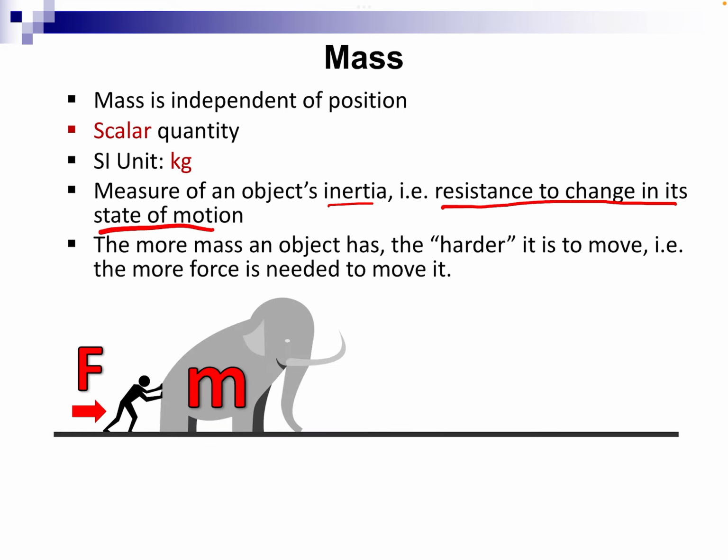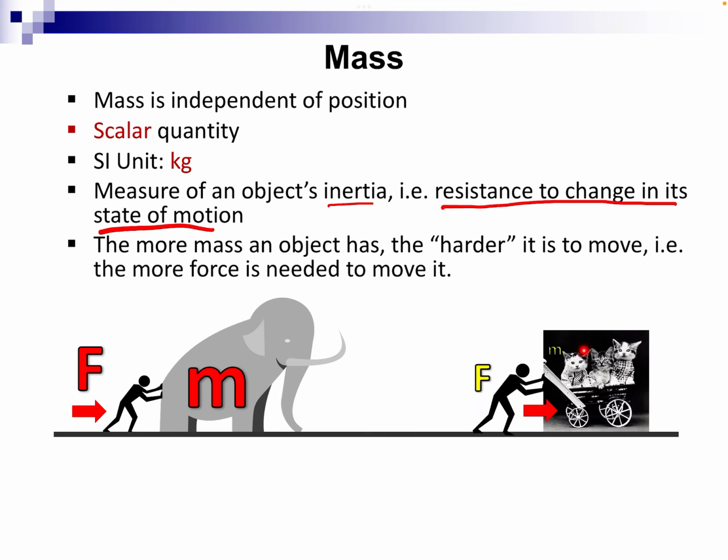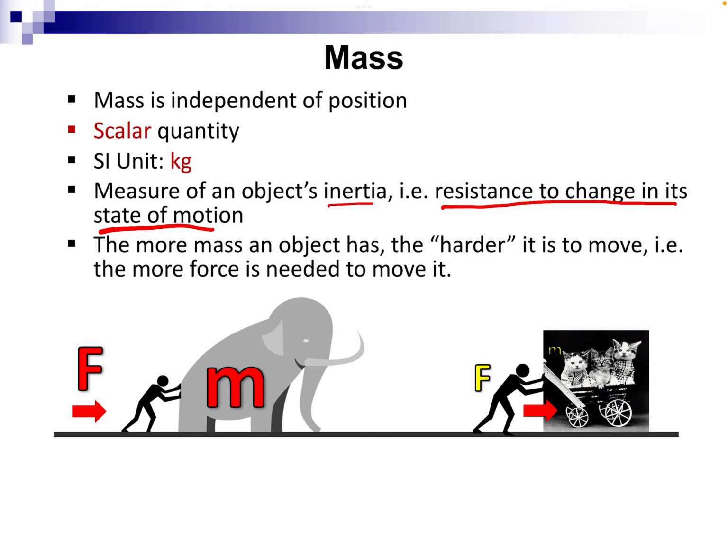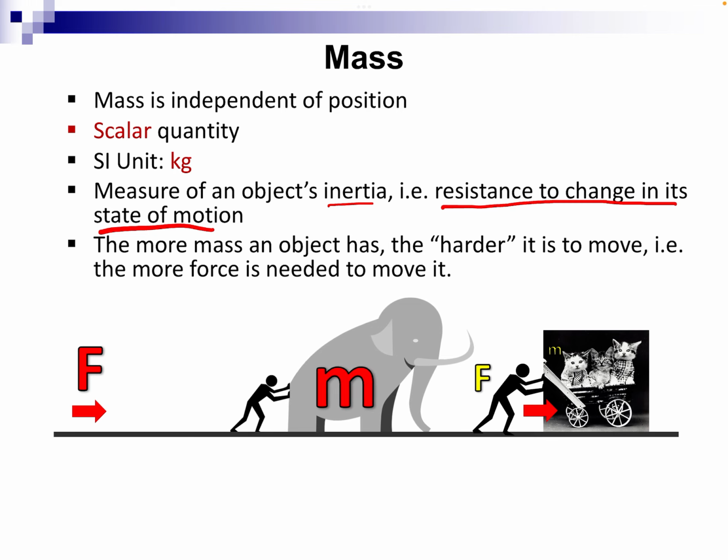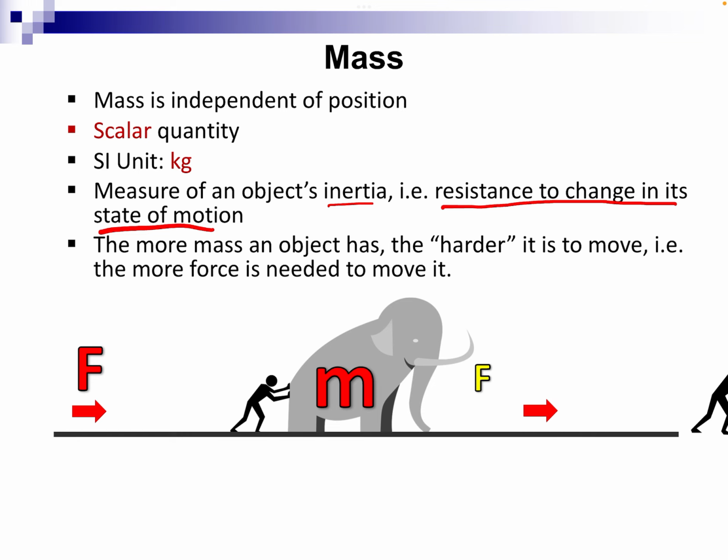Say, for example, you have this elephant with a big mass compared to the cart of kittens or cats, which has a smaller mass. The bigger the mass, the more force you need in order to move the elephant, but the smaller the mass, the less force is needed to move those cats.